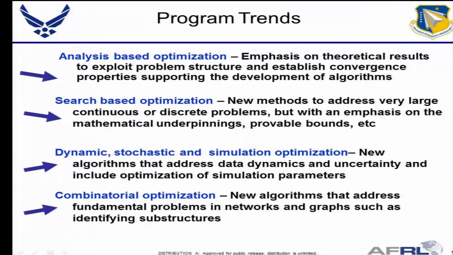These two at the top are the traditional ones. Search-based methods, whether continuous or discrete, are still being done, but with a slight downward trend, and slight upward trends in new algorithms. So the dynamic, stochastic, and simulation optimization is getting more emphasis, and more emphasis on combinatorial optimization, as you will see.